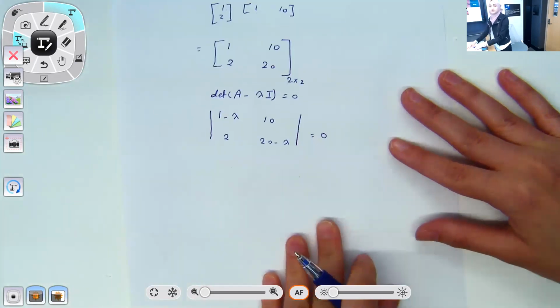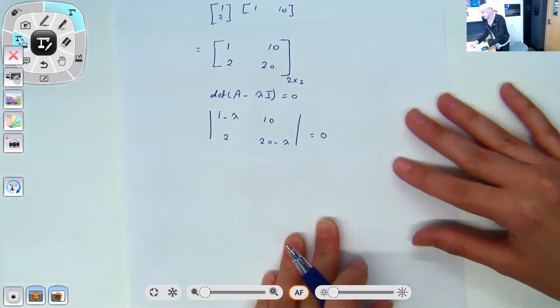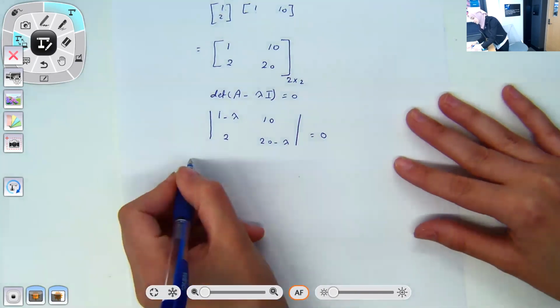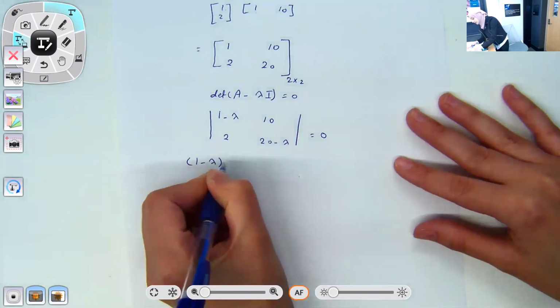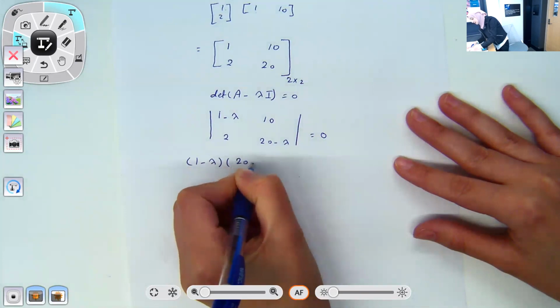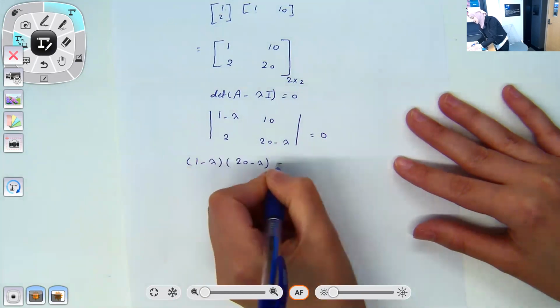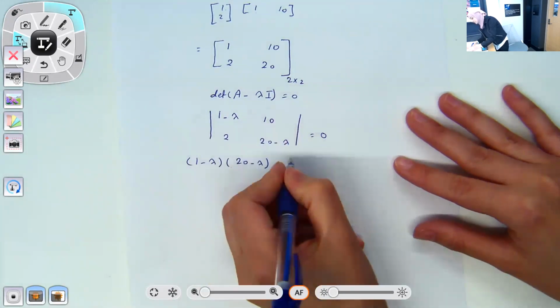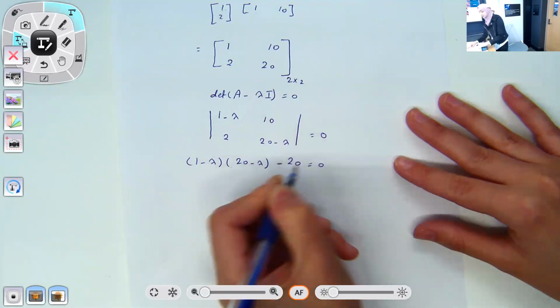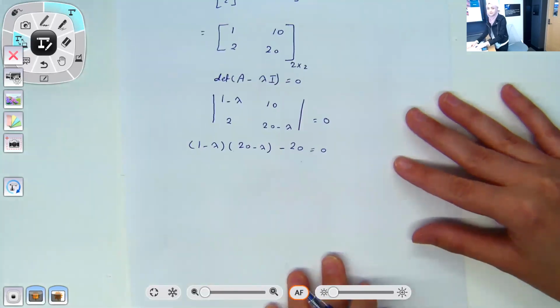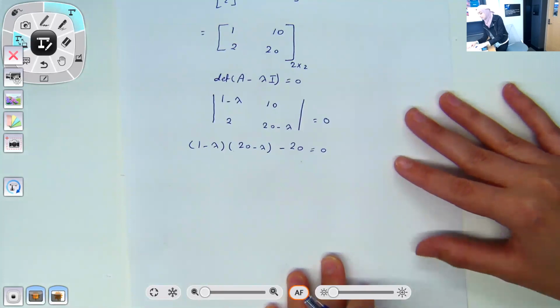To find the value of lambda, we need to find the value of this determinant. So we multiply 1 minus lambda with 20 minus lambda, and this is minus 2 times 10, which equals 20. This is equal to 0. After that, we need to expand to find the value of lambda.